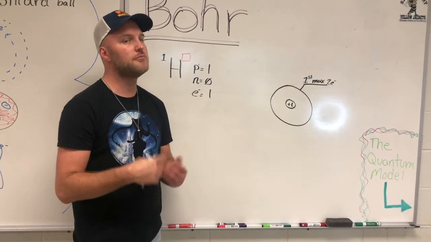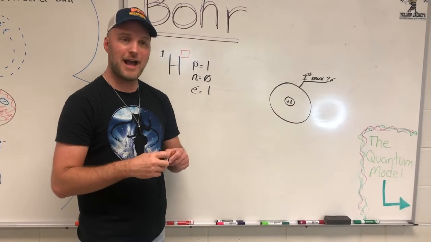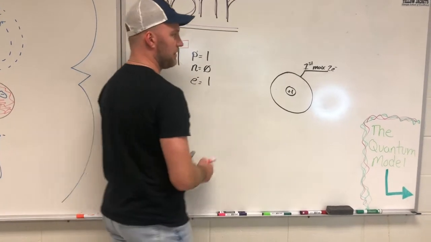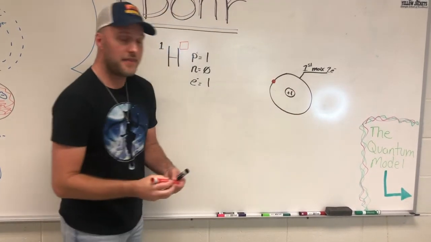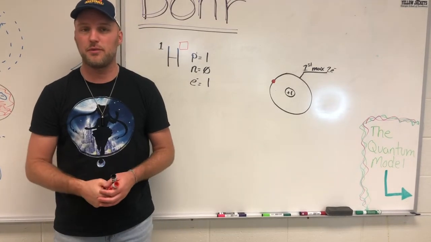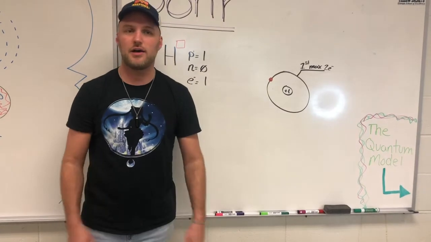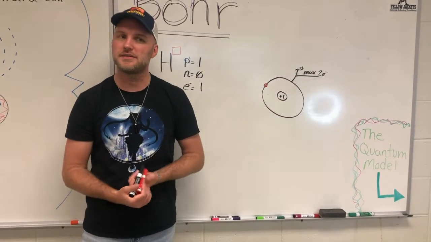We can't put any more than that. So it can fit a maximum of 2. If we're drawing hydrogen, we said we only need 1 electron. So I'll place 1 electron here in the first energy level for hydrogen, and that would be an acceptable and appropriate Bohr model for hydrogen. Obviously, you wouldn't need to label the first energy level. I'm doing that for teaching purposes. Let's take a look at oxygen now and see how it differs.